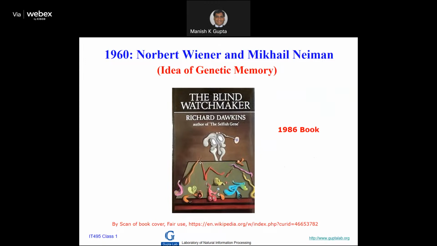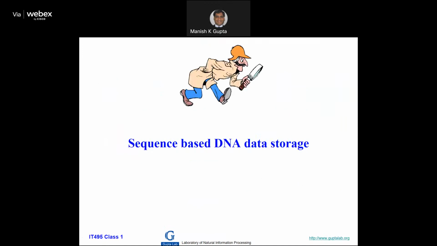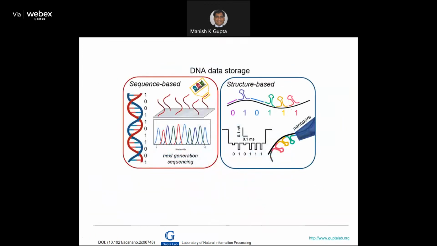The other way is structure based. You store on the structure of DNA. Basically, okay, I will show you. Here, you see, that is one side of DNA, right?